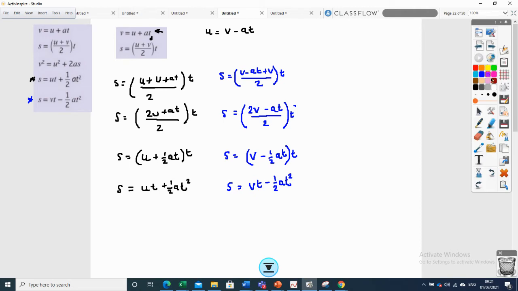So rearranging, go with the purple: t is v minus u divided by a. We're then going to substitute in for this t, eliminate the t.